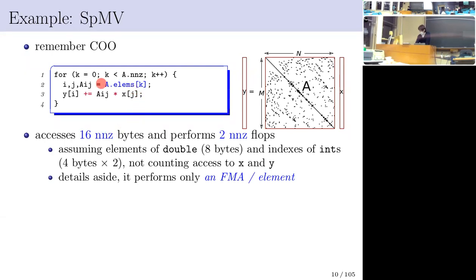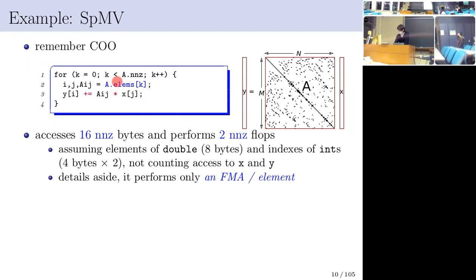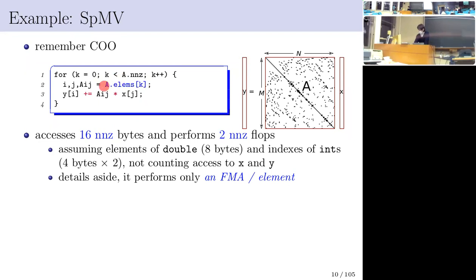Each of these elements takes two integers and one floating point number. If you assume that each integer is 4 bytes and the element itself is an 8-byte double precision floating point number, then a single element takes 16 bytes.